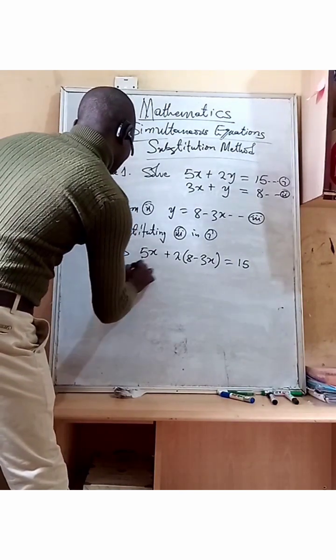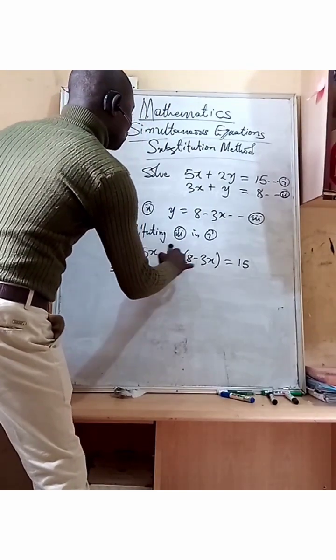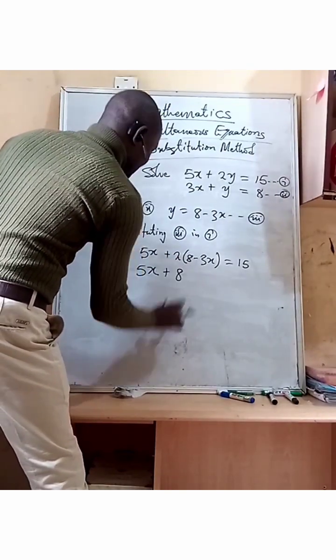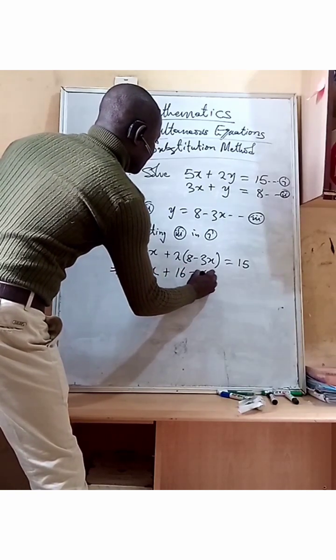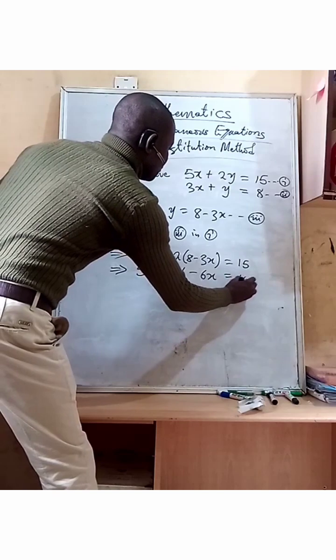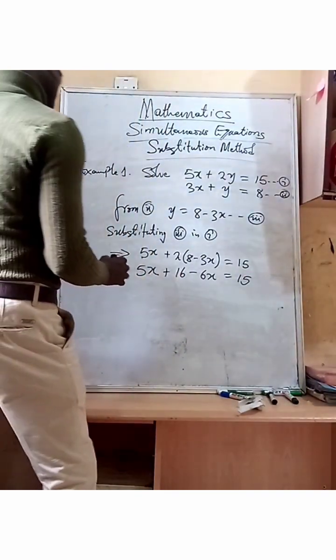It implies 5x plus, if we open this bracket, 2 times 8 gives us 16 minus 6x being equal to 15. Now we collect like terms.